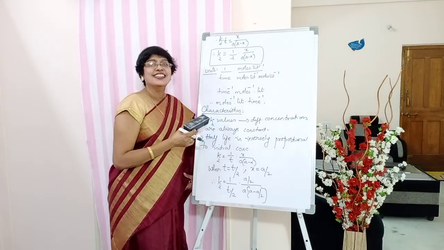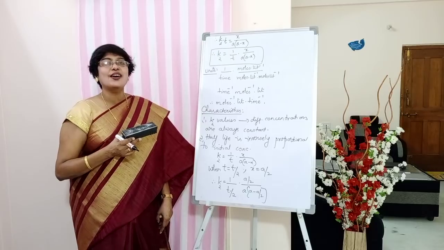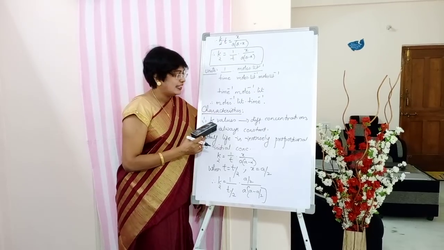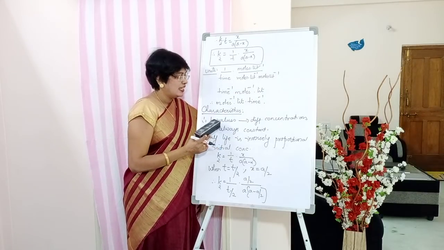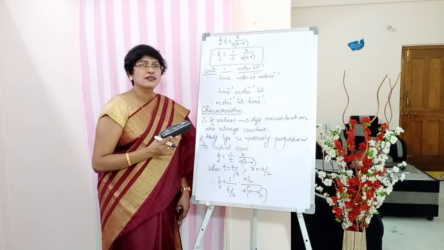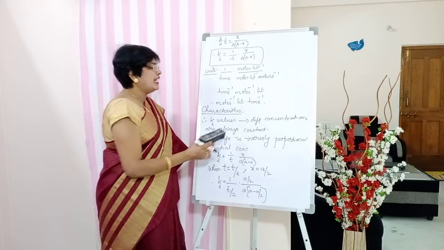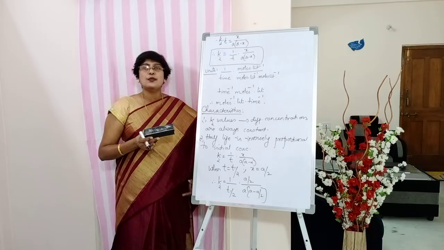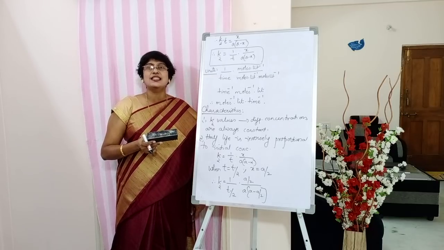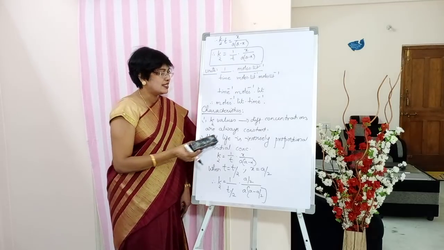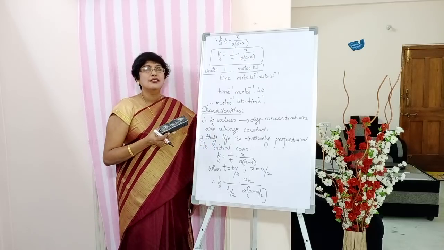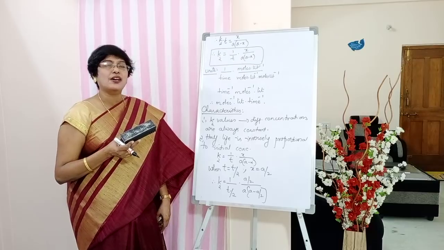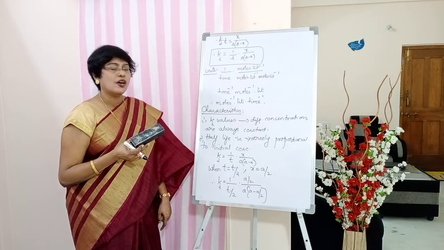Next, characteristics of second order reactions. So write down. Number 1, K2 values obtained at different concentrations are always constant.